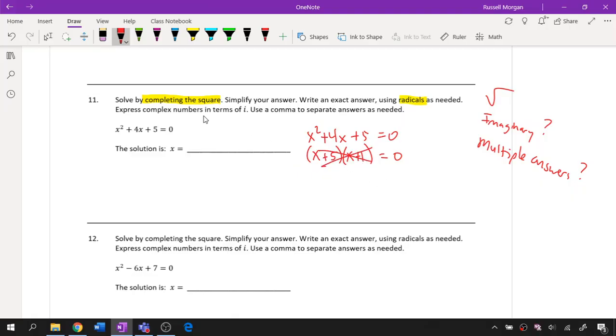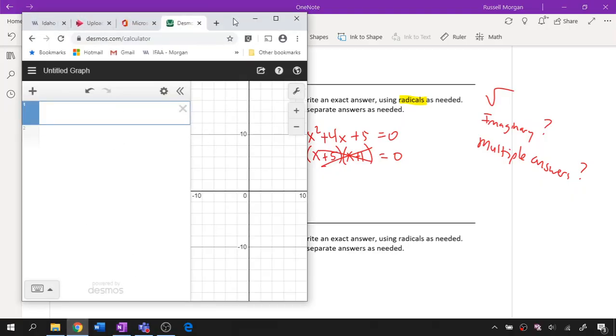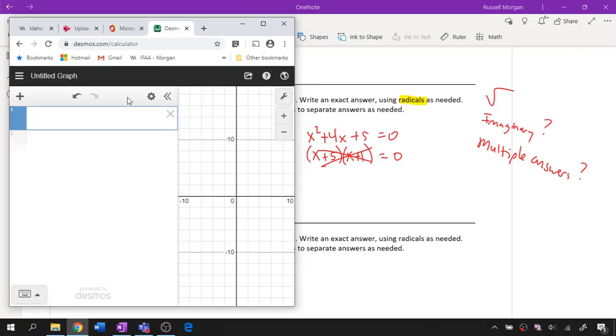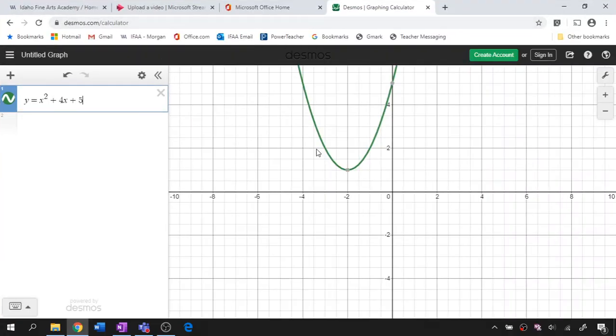Now we could do completing the square, but another method is just to even graph it. So I'm going to go and graph it and see if that helps. I'm going to go to Desmos.com and graph this thing. I'm going to say y equals x squared, arrow over, plus 4x and then plus the 5. Now, what I notice here, I'm going to expand this, is first, watch out for the scale. I have not adjusted the scale on their graph, but what I'm looking for are x-intercepts.